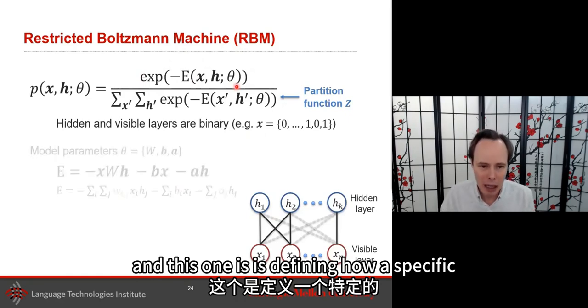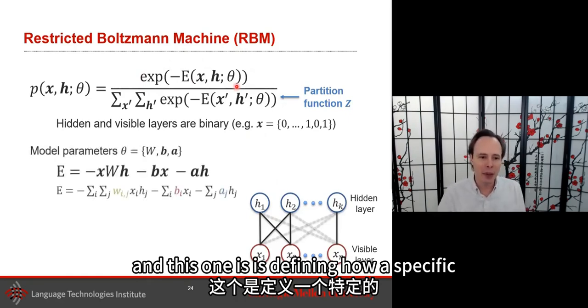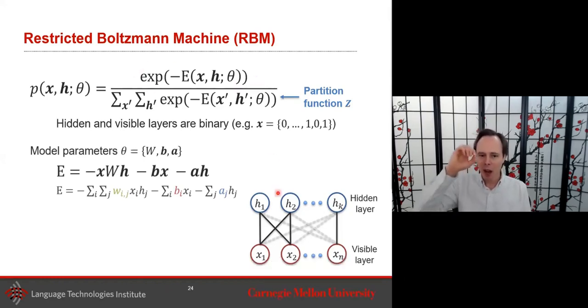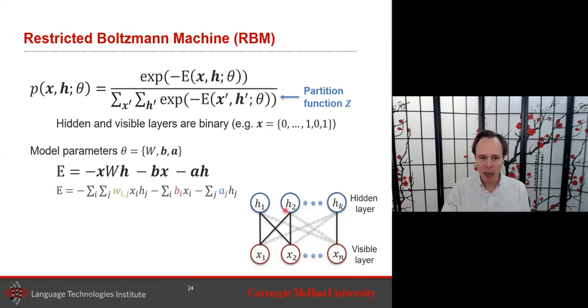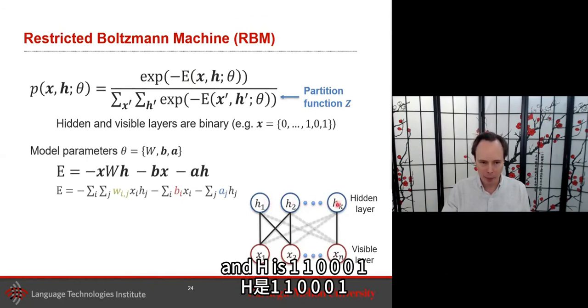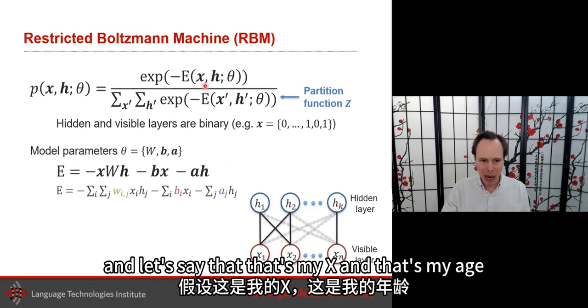But the most important term is the top term. This one is defining how likely a specific instance is. So let's say that x is 0, 0, 1, 1, 1, 0, and h is 1, 1, 0, 0, 0, 1. That's my x and that's my h.